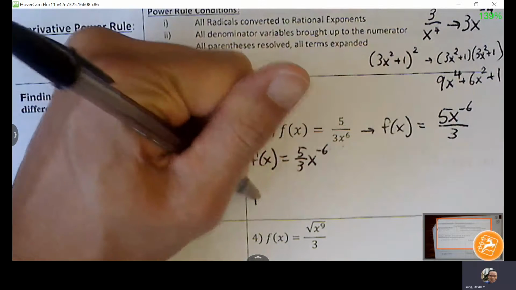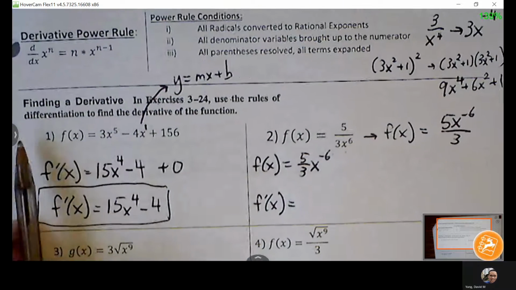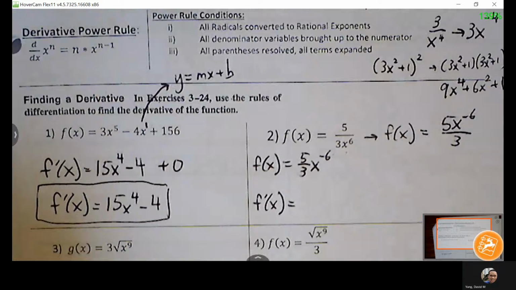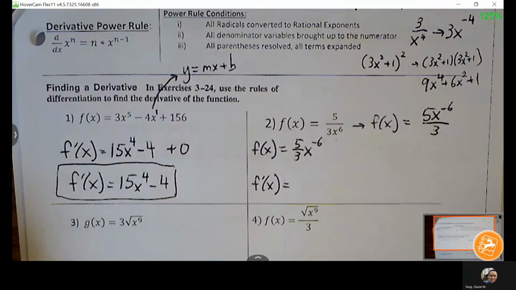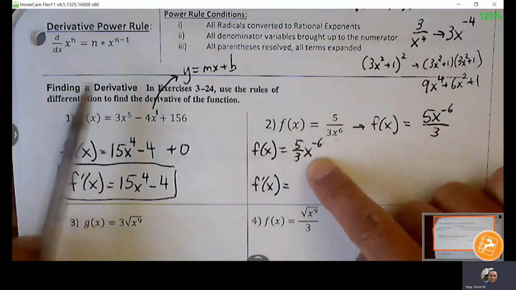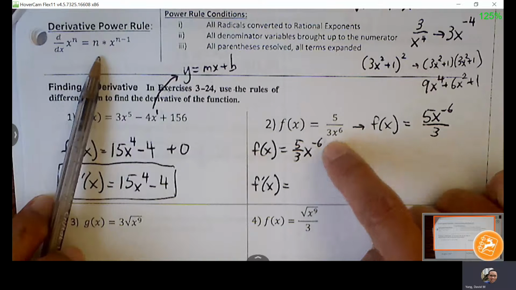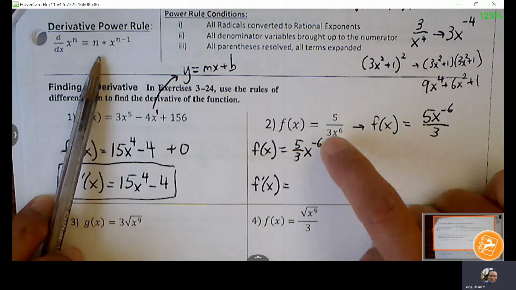So what's f prime going to look like? Yes, thank you, power rule. You multiply the -6 times 5 and get -30, and then the -7.